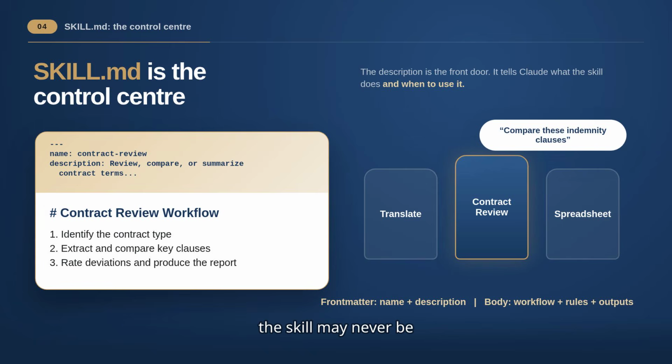If it is vague, the skill may never be consulted. Below the front matter is the markdown instruction body, the workflow, decision rules, output structure, examples, and directions to supporting resources. Write instructions in clear action language, but explain why important controls exist. This helps the model reason rather than mechanically copy rules.